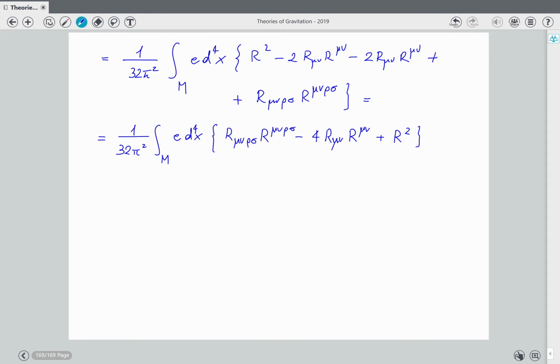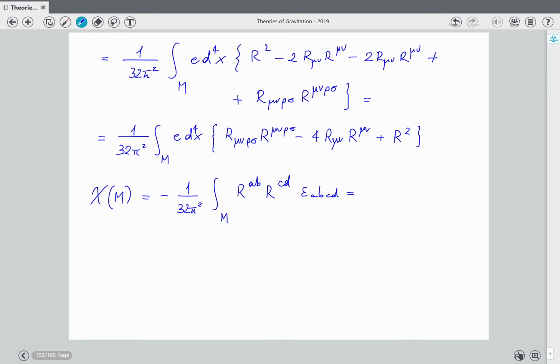Yes, it's better to write it down. So chi of M is minus 1 divided by 32 pi squared, integral on M of R^AB R^CD epsilon_ABCD.